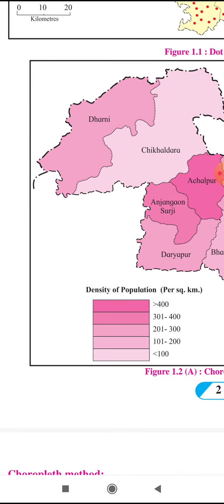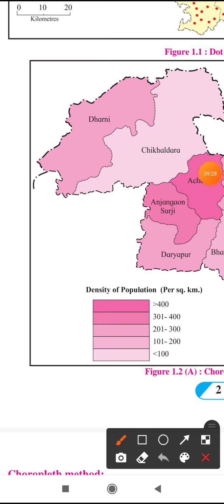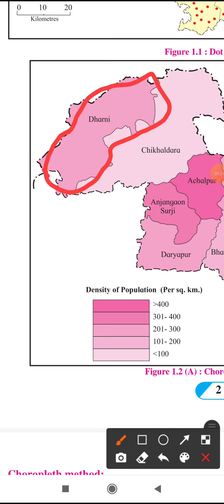If you see here, that is Dharni. This is a taluka, and in this one taluka you can see one shade of color. Means one shade of color is used for one sub administrative unit, that is, one taluka.